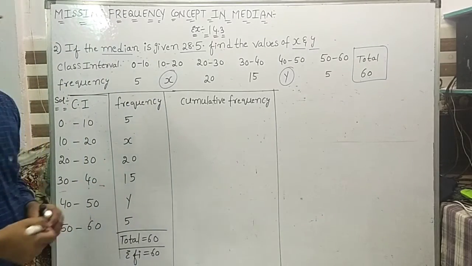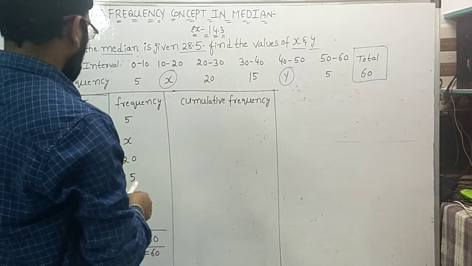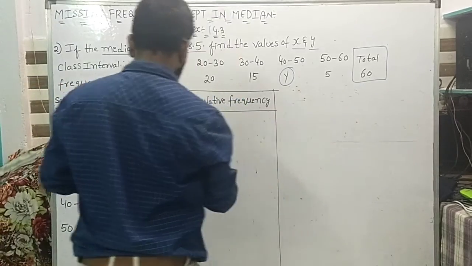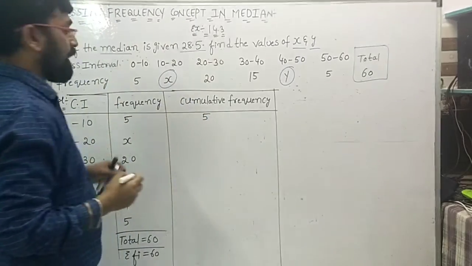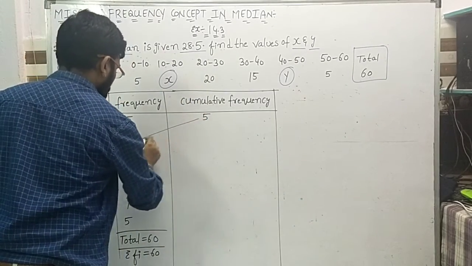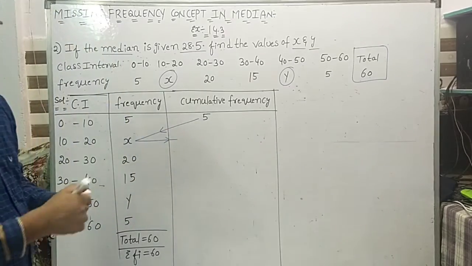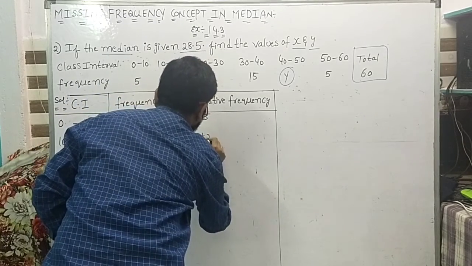Let's go with the cumulative frequency. First of all you write 5 as usual. Then after that you need to add, now 5 plus x.